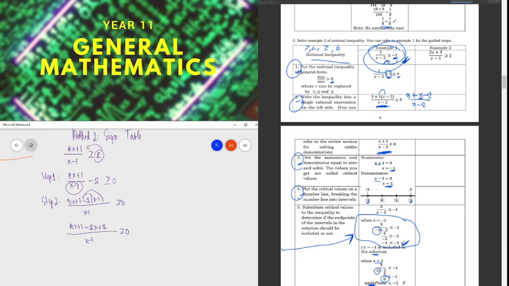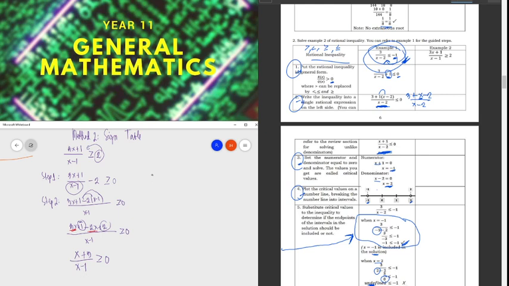So 3x and negative 2x give us x, then plus 1 and plus 2, so (x + 3)/(x - 1) is greater than or equal to 0. This is our single rational expression of the rational inequality.